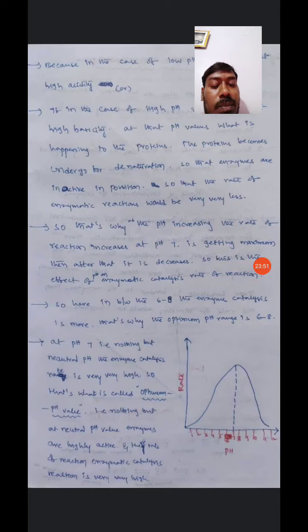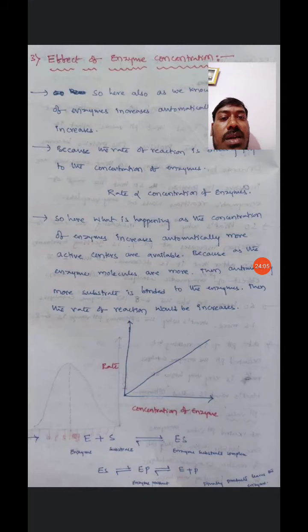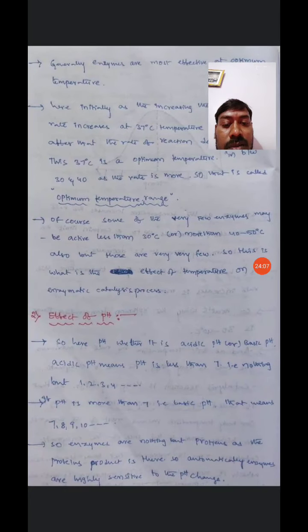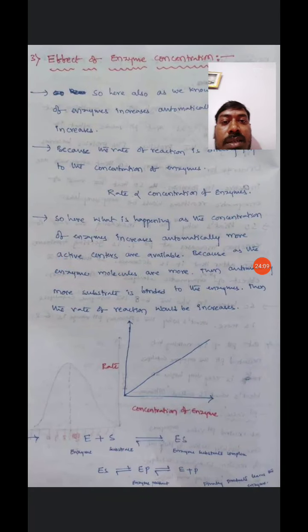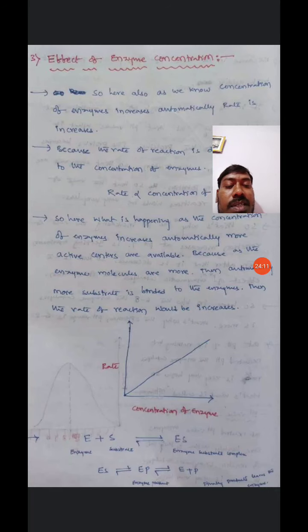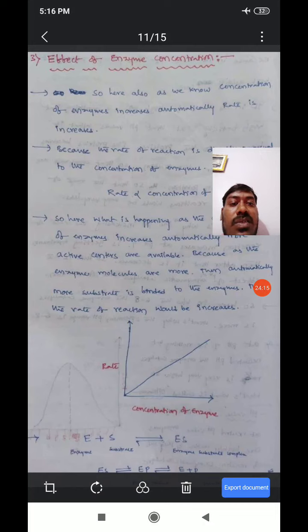At neutral pH values, enzymes are highly active, and the rate of the enzymatic catalysis reaction is very, very high. So this is the effect of pH. Next we are discussing the effect of enzyme concentration.